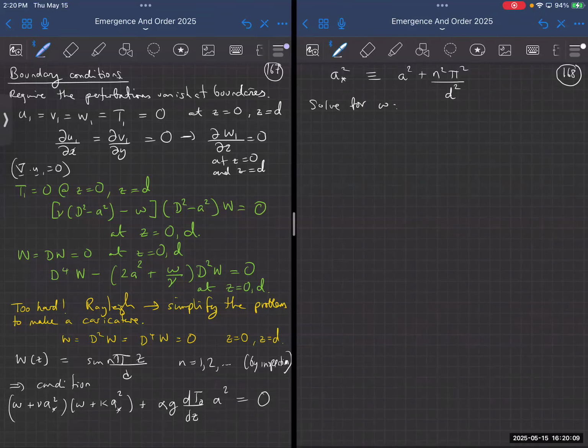So let me just write down what the solution is. It's a horrible mess, and you're not going to follow this in real time. But if you want to afterwards, go ahead and try it.